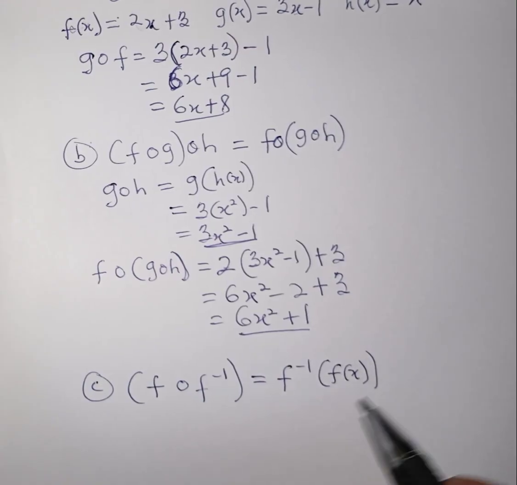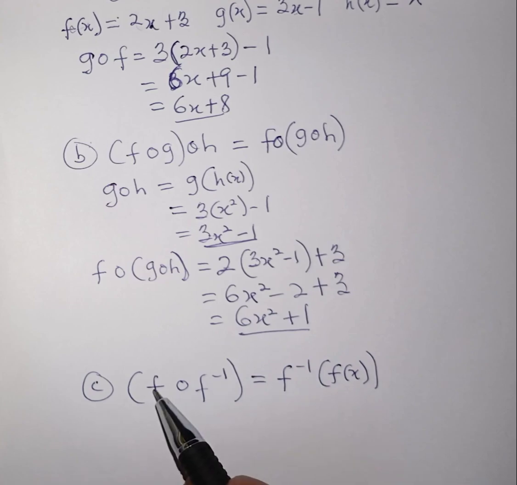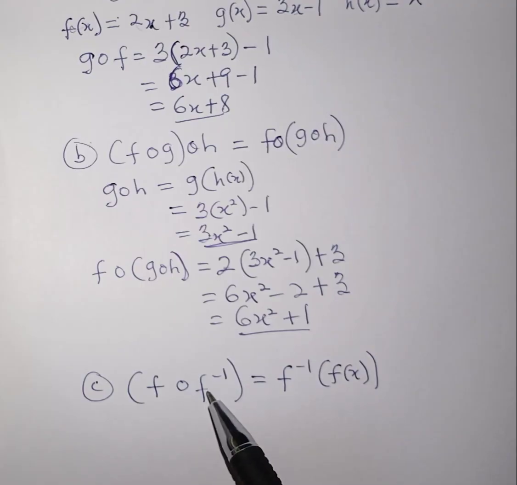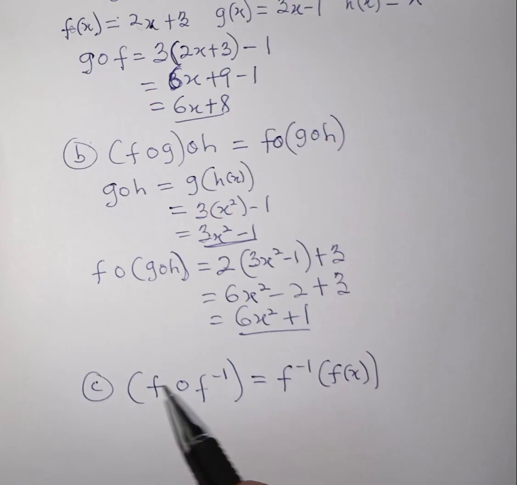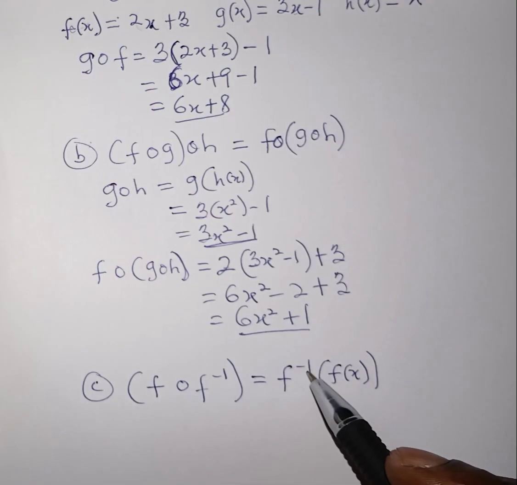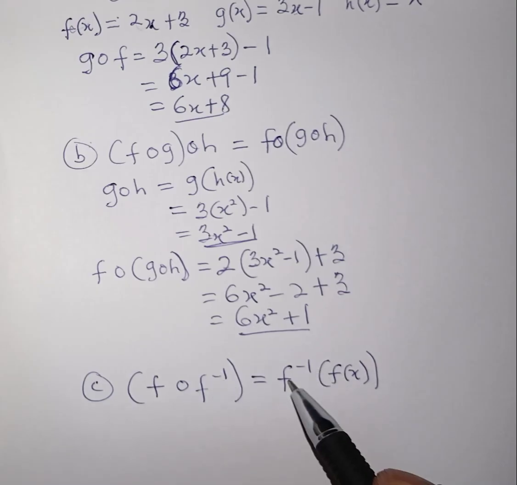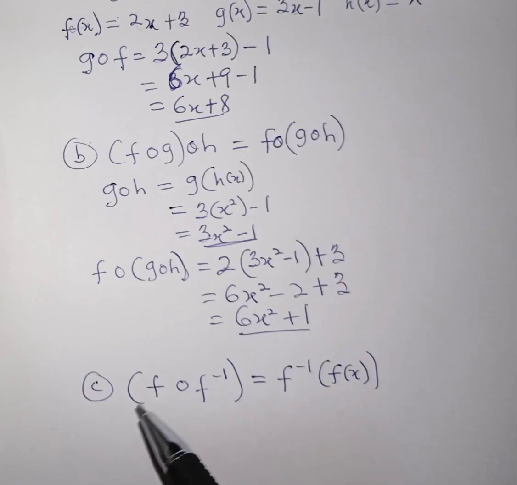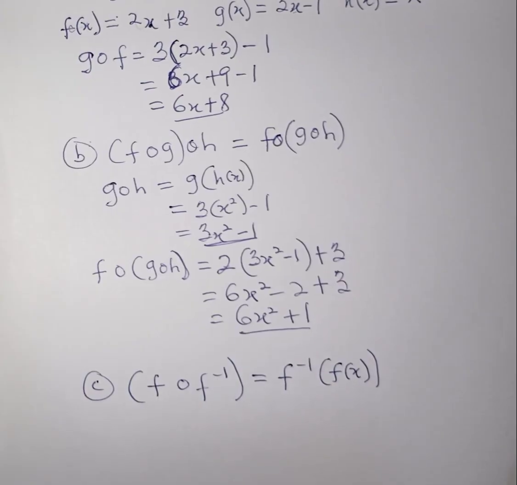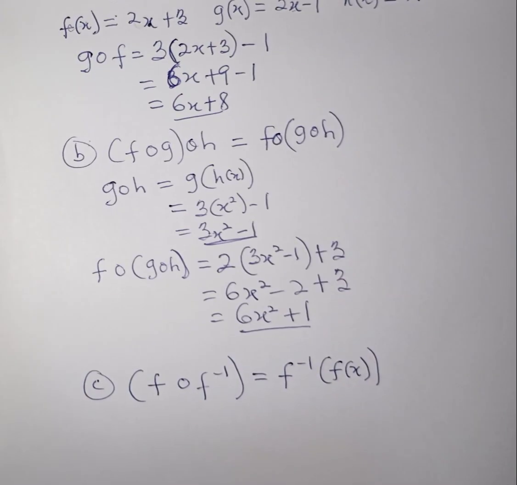It means that we are going to put the function f into its inverse. Or you can even do it as it is. You can also put the inverse of f into f itself. Whether you put f into the inverse or the inverse into the function, at the end of the day you are going to get the same thing, but we just want to follow the properties.